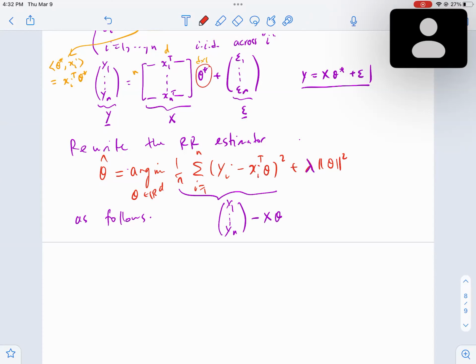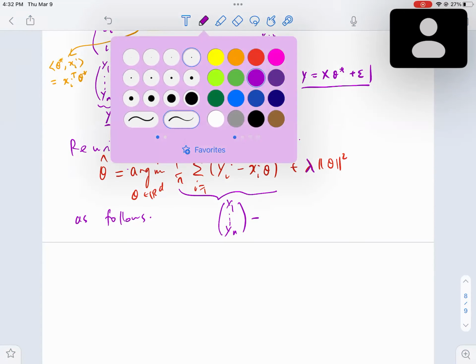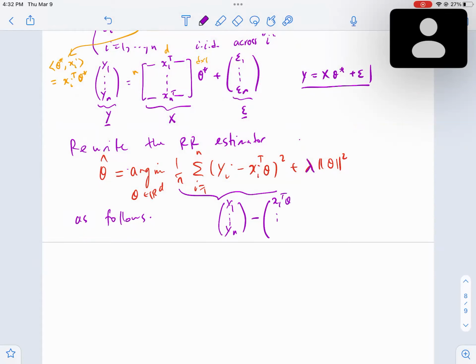You can see if I plug in theta here, x1 transpose theta up to xn transpose theta, the difference of these two is really y minus x theta. And this entire thing is really the L2 norm. The L2 norm is: I take y1 minus this squared plus y2 minus that squared, so you can see that that thing is really the norm squared.